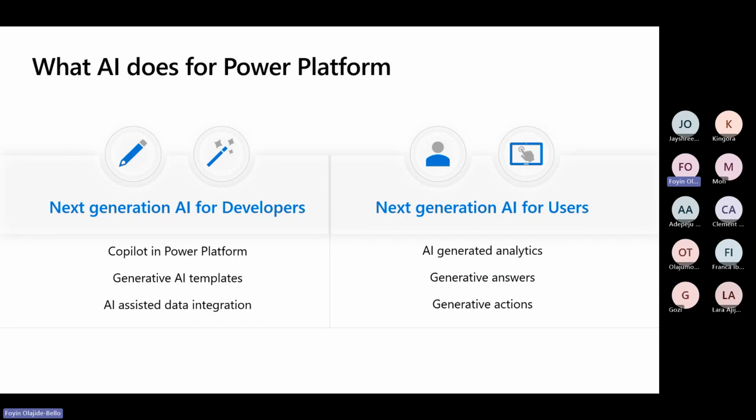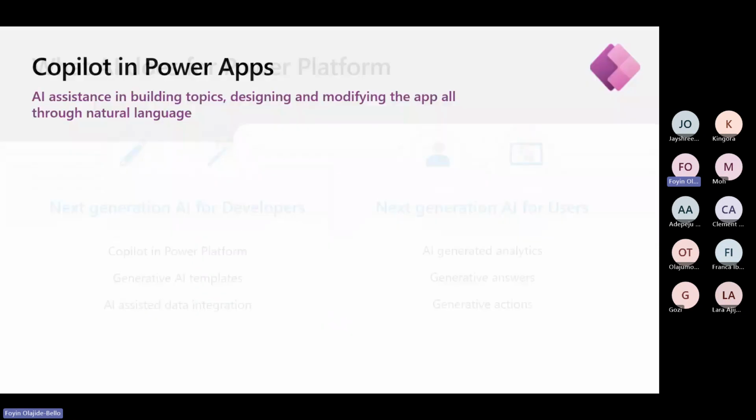If you're a developer, you can use Copilot to help you get the logic that you need to create the applications or even the cloud flows. So you want to create a simple flow that sends an email when a certain action happens. You can write that out in simple text, and then the cloud flow is automatically generated for you. So these are the different ways that Copilot helps in the Power Platform for both developers and the users of the tools as well.